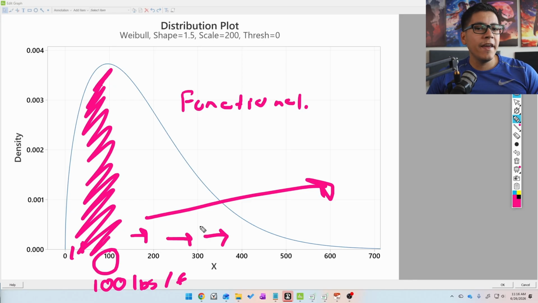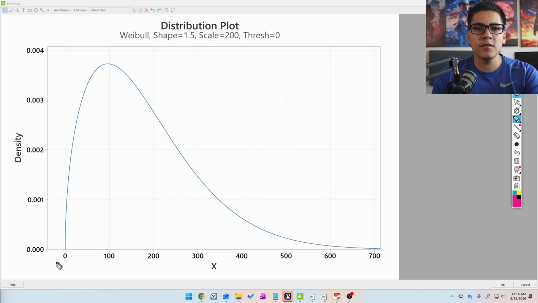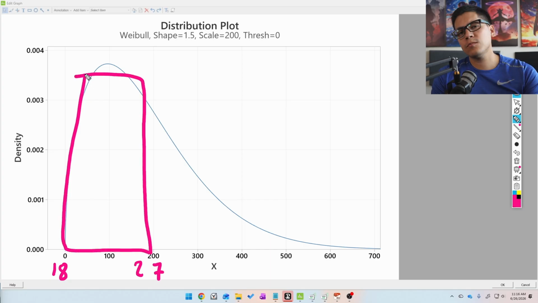So if I'm doing an age test, right, and let's say most people get into college between the ages of 18 and 27 years old. So most people in college are around this age group. But there's no particular reason why somebody at 50 or 60 or 70 can't go to college. It's just more unusual.